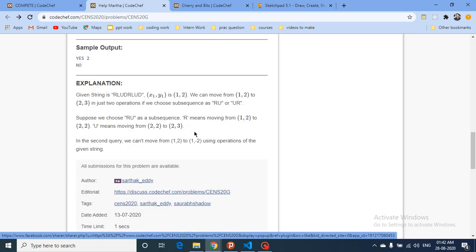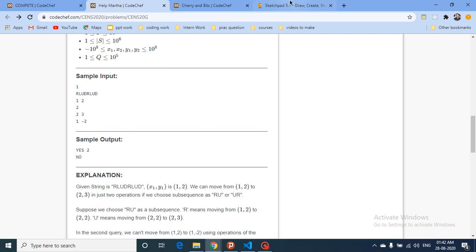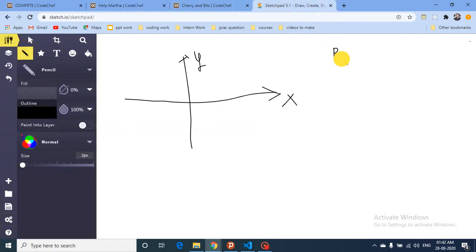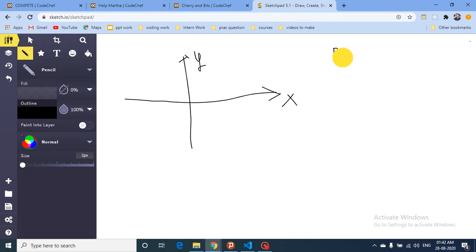Let's move to the example to make it more clear. I will take a small example, UDR, just to make it clear.